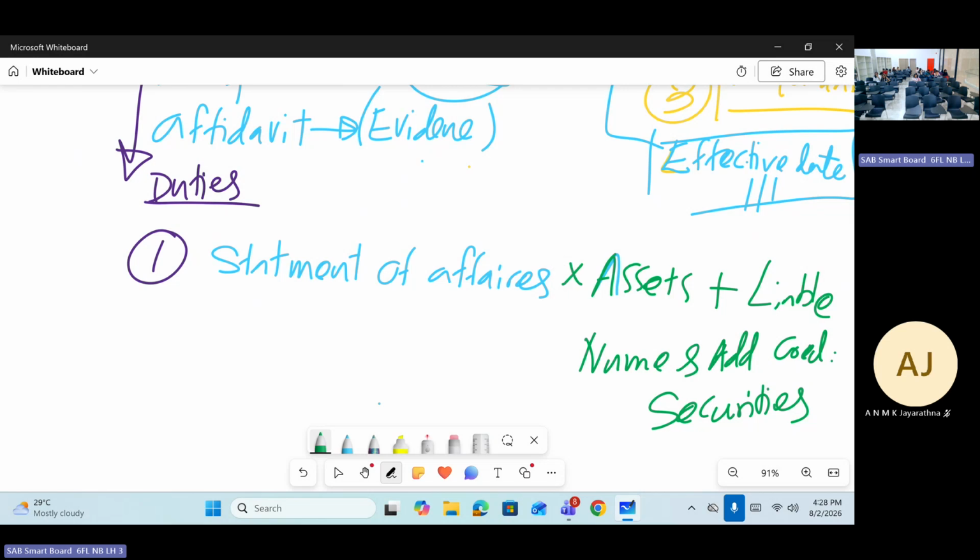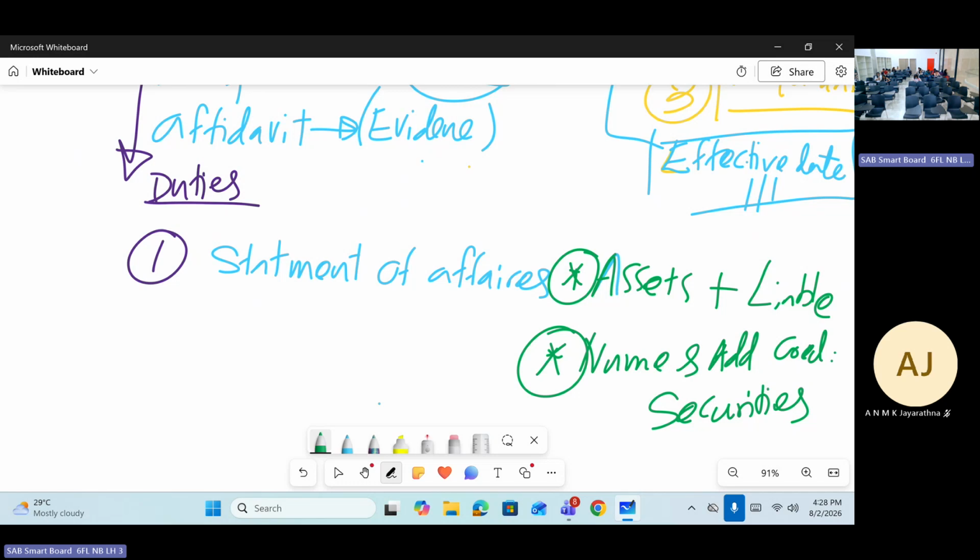So, stating this information, he must obtain a statement from the board of directors, or the secretary, or any person named by the official receiver. He must obtain this statement.